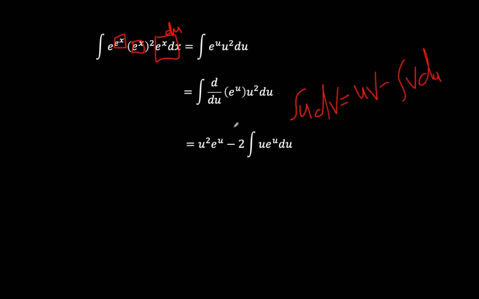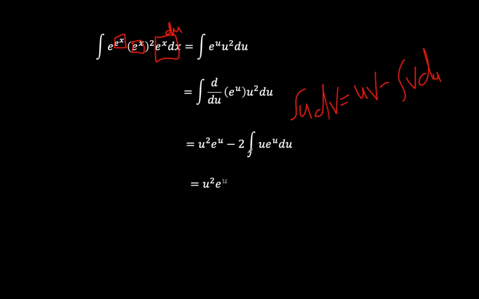Right? And so here, we could take v to be e to the power u and capital U to be u squared. So UV is u squared times e to the power u minus, the derivative du is 2u, so the constant 2 comes out, and then we have u times e to the power u.